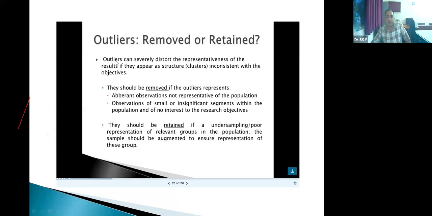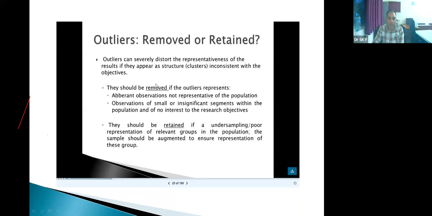Outliers can severely distort the representativeness of the result if they appear as a structure or cluster inconsistent with the objective. If they are not consistent with the objective, then definitely they are going to hammer the analysis.